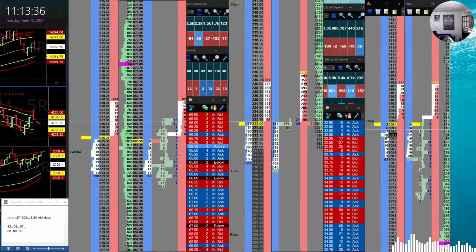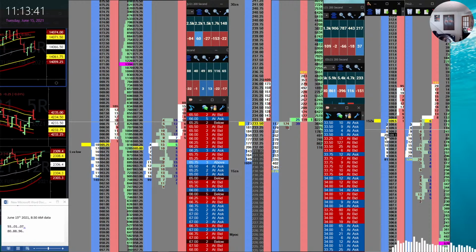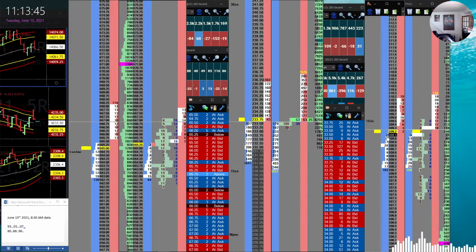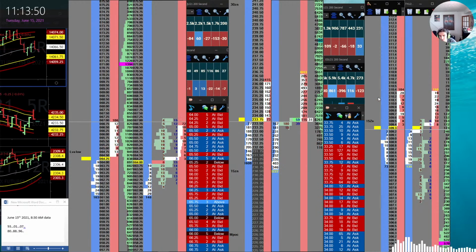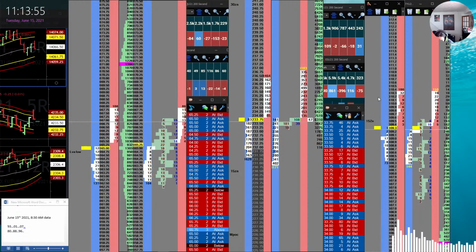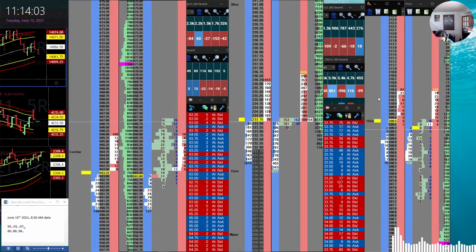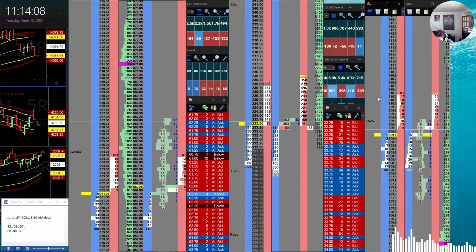Oh, 95, 096. Again, the Russell, it's really hard to read order flow on the Russell because there's not many contracts trading. So, you know, you just have to play it based on the ranges it's got. That's how I'm thinking about it. But there's not much flow there, so it's a little hard to trade. You can't really trade it based on flow. It's a meme stock day.